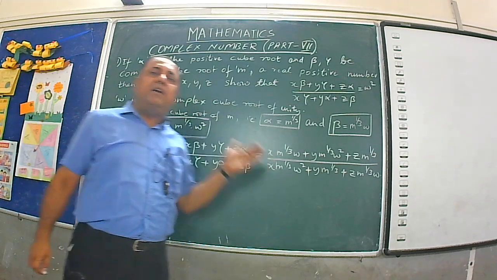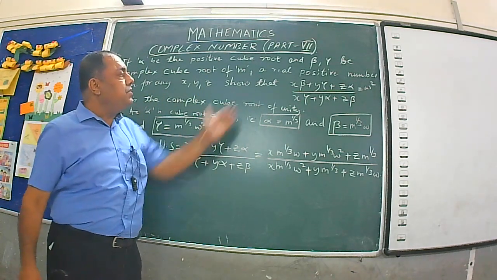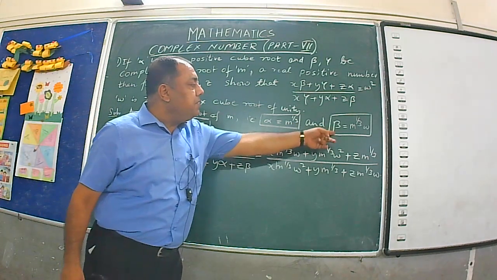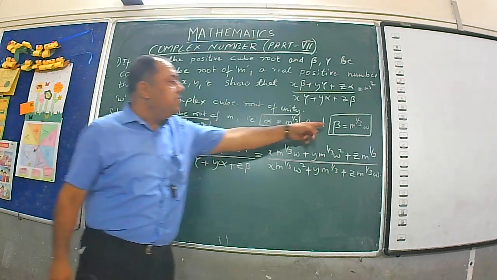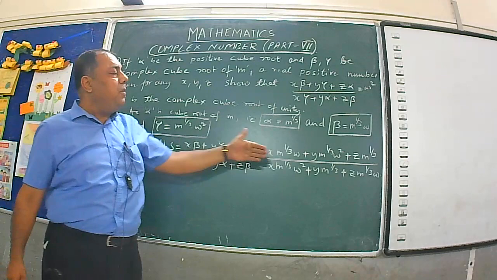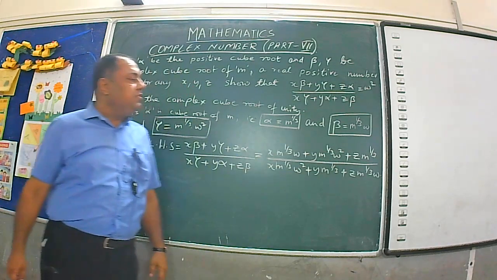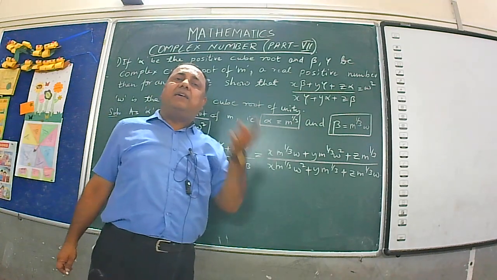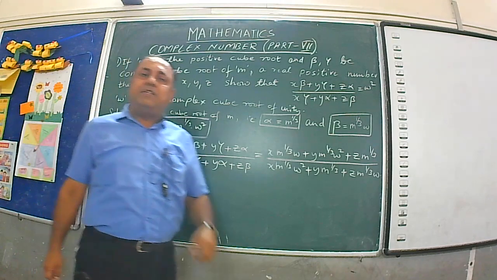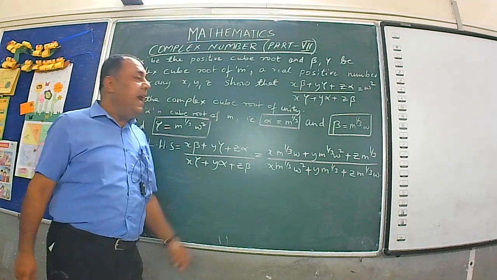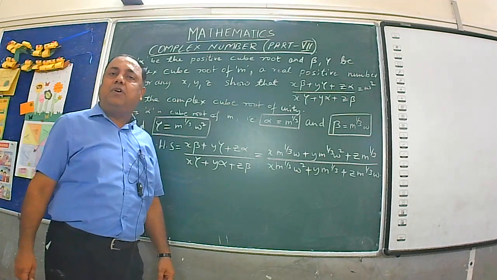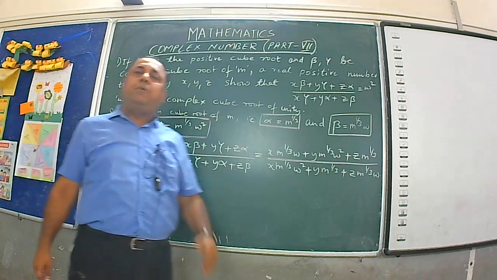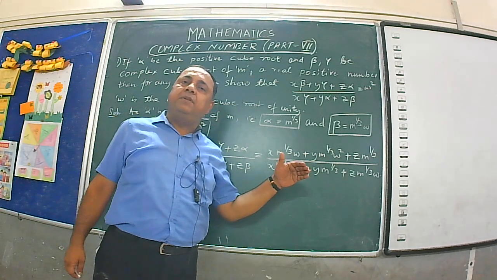That means the values of alpha, beta, gamma are substituted in the left hand side. If you substitute a value which is not this nor this, then your problem would be unsolved. So if you assume the values of beta and gamma correctly, because they are complex cube roots of m and alpha is the real cube root of m, the assumption of alpha, beta, gamma is very important for this particular problem.